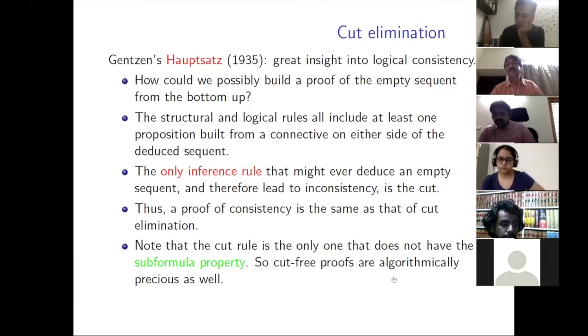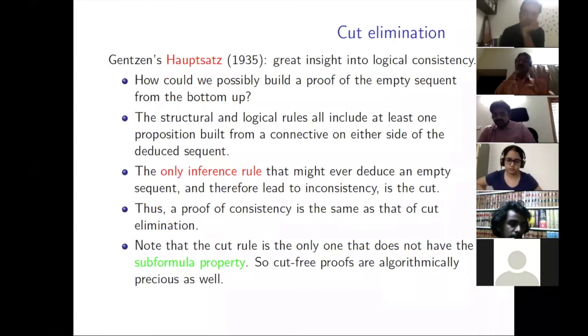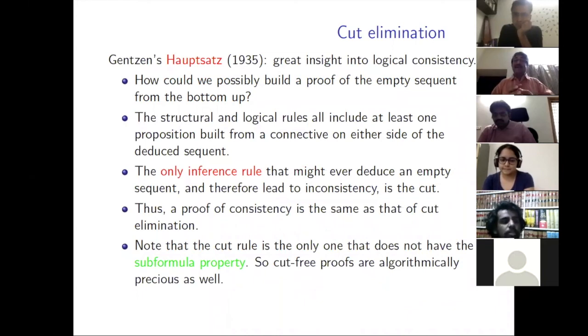And that's another very important observation to make here. Note that the cut rule is the only one that does not have the subformula property. What do I mean by subformula property? If you look at any rule, at a complicated formula that occurs below the line, only the subformulas of that formula occur above it. So to conclude alpha and beta, if you look at the premises on top, you will use only alpha, beta, whatever gamma and delta.